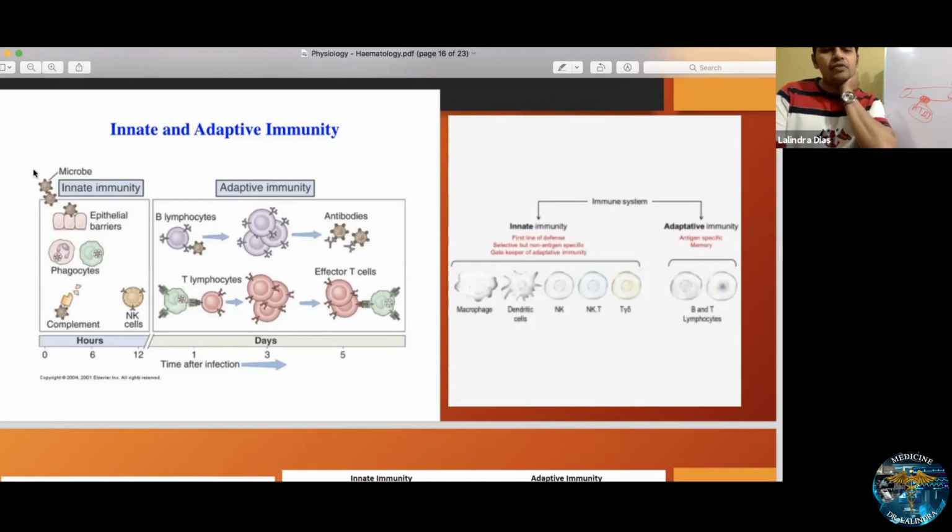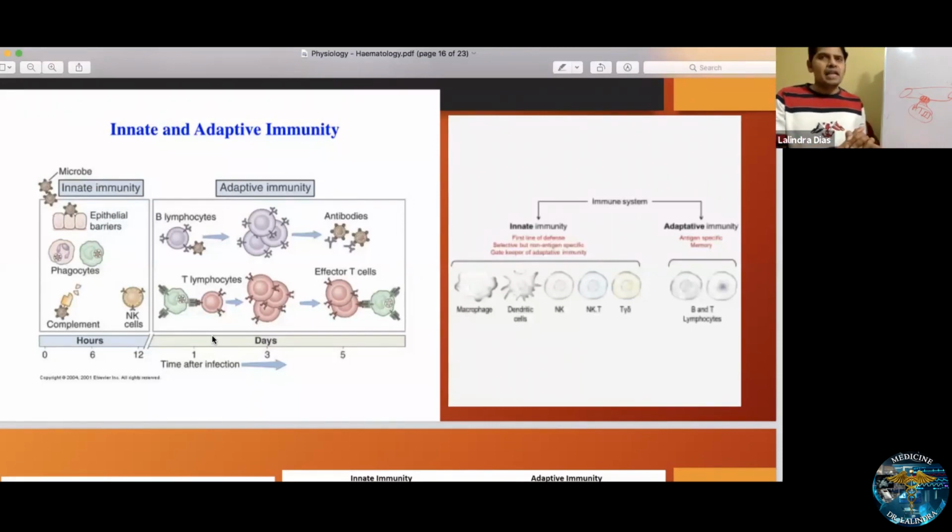Then there's adaptive immunity. I told you there are two main cell types. Innate means that at the time of a foreign body entering your body, you have some immunity already. Before the virus or bacteria entered your body, we had our natural killer cells and macrophages, all those cells targeted to kill the foreign material. That is called innate immunity.